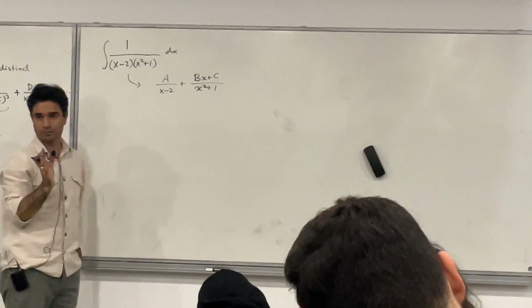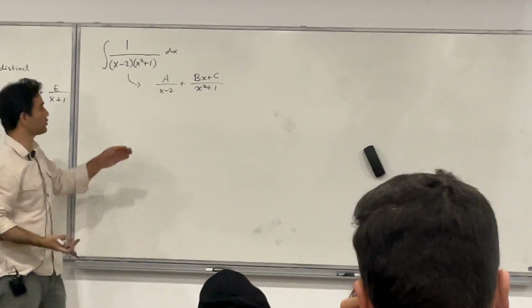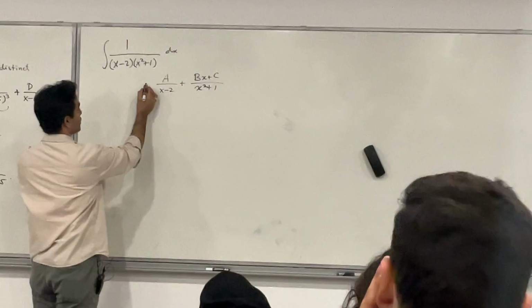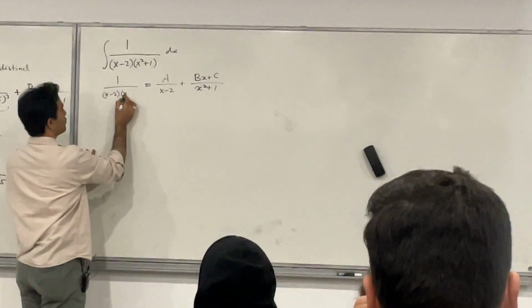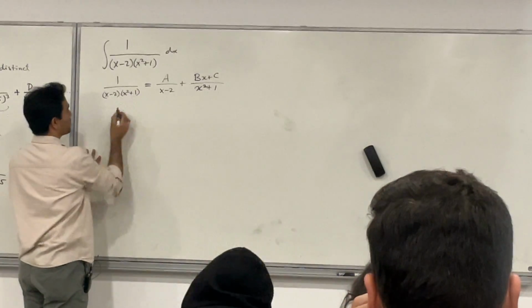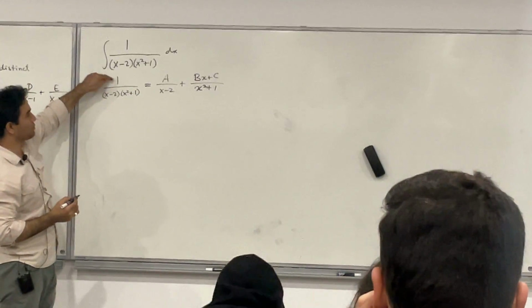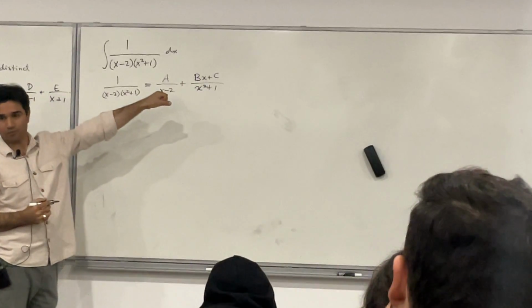So this is what we can always break it down. Now, we know on the left hand side this is 1 over x minus 2 x squared plus 1. So that 1 is what will help us figure out the a, b and c, right?